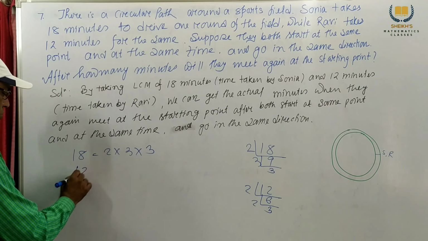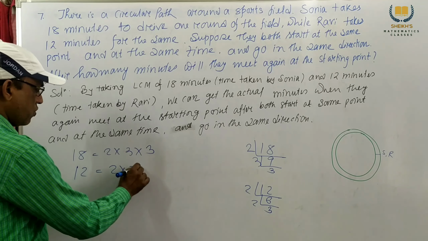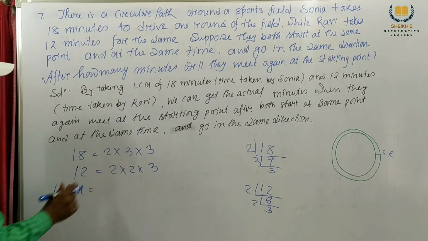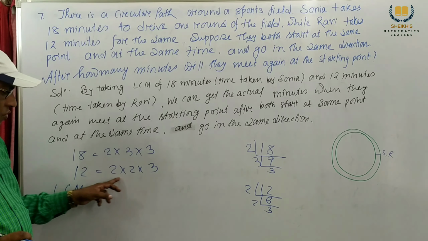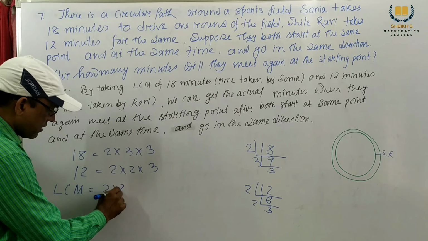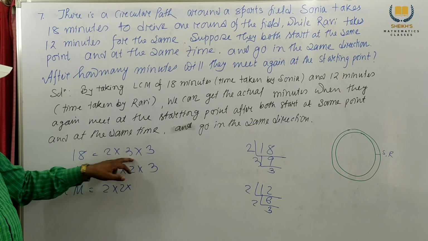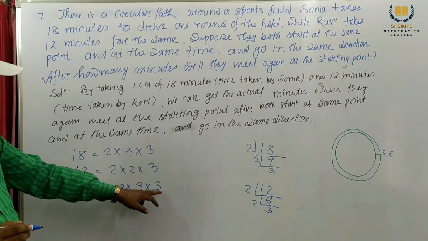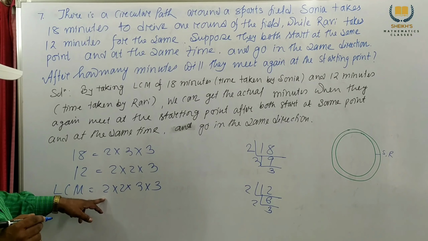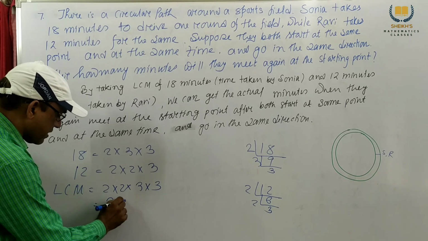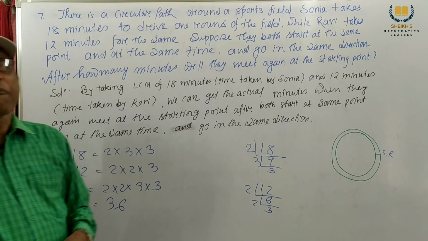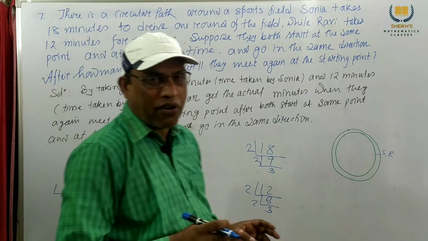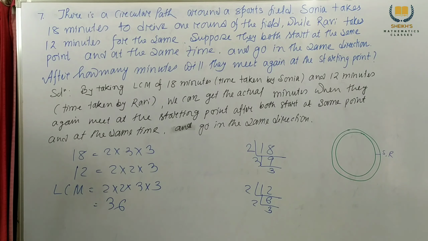So 12 equals 2 into 2 into 3. For the LCM, 2 appears once in 18 and twice in 12, so we take 2 twice. 3 appears twice in 18 and once in 12, so we take 3 twice. So we get 4 into 9, which is 36. After 36 minutes they meet again at the starting point. So the answer is 36.